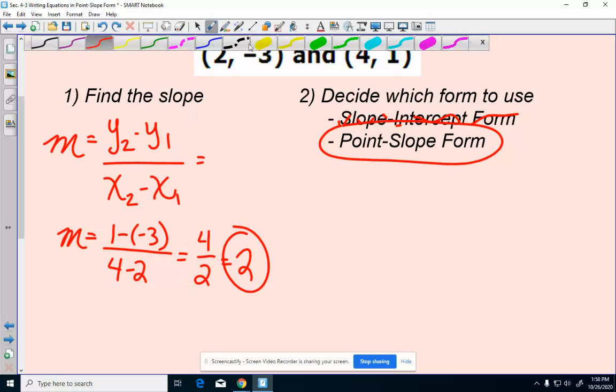So I know at this point that my slope is a 2. You are free to use either point. I think you're better off to use that ordered pair because it doesn't involve a negative.